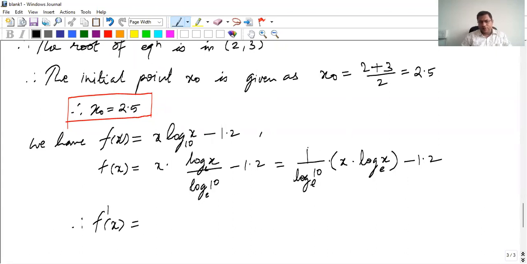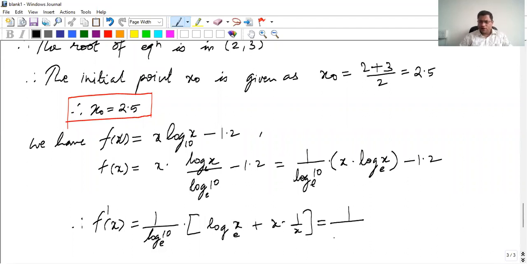So f dash of x is 1 upon log of 10 to the base e, and here you will have the derivative by the u into v rule. So it is going to be log of x to the base e, because we are taking the derivative of x, that's going to be 1. And now x into 1 by x, and the derivative of the constant term is going to be 0.